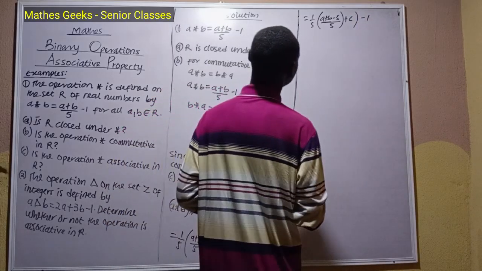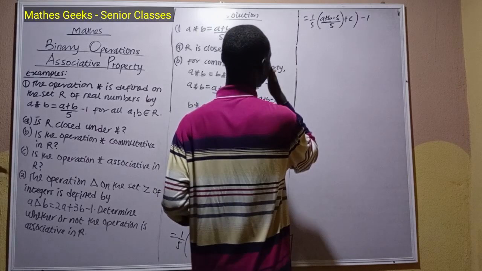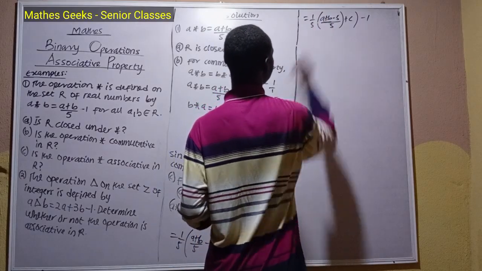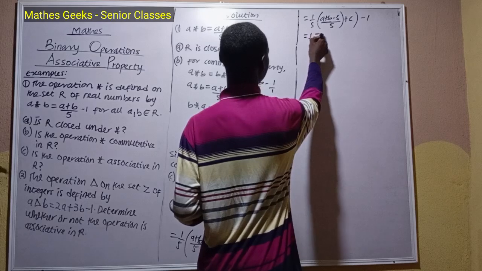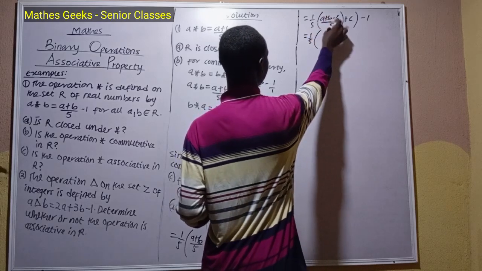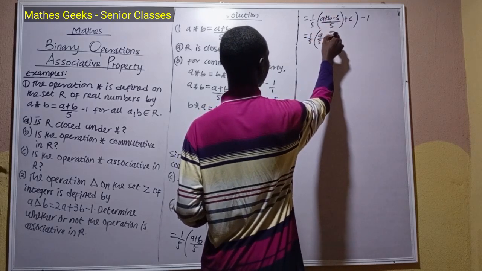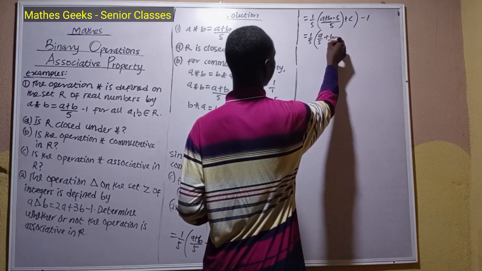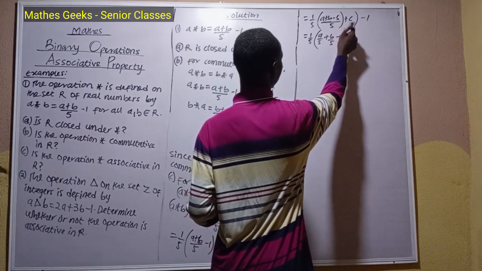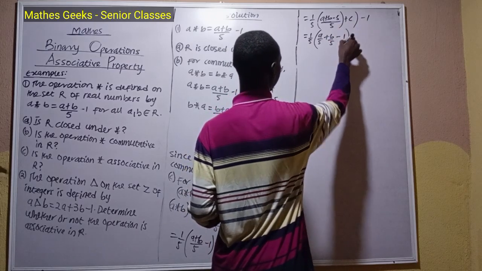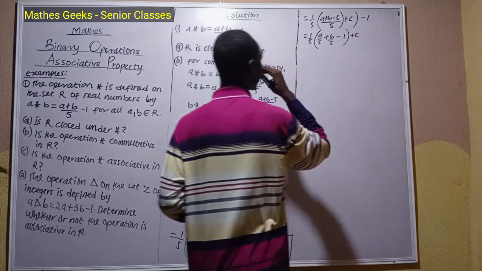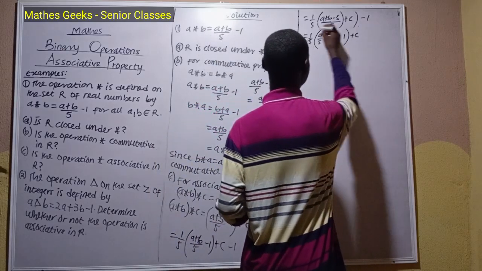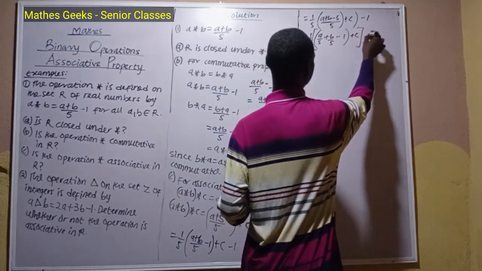Now, this will give us 1 over 5 times (A over 5 plus B over 5 minus 5 over 5, which is 1, plus C), and minus 1.